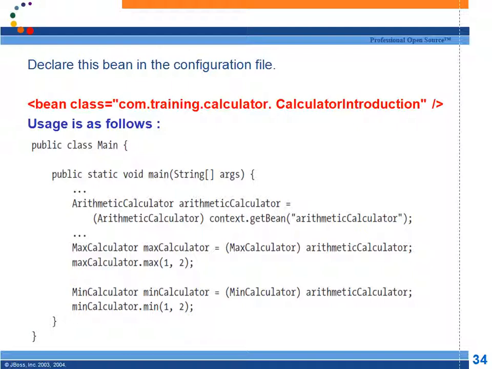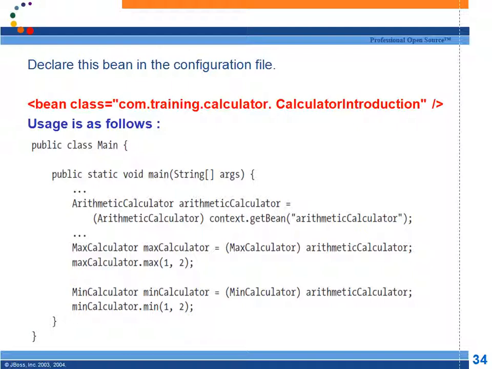Guess how it might be working internally? Between, a proxy which might implement both the interfaces. Yes. Whenever we ask for an arithmetic calculator, we are not getting actually arithmetic calculator. We are getting a proxy to arithmetic calculator. That proxy is implementing three interfaces: arithmetic calculator interface, min calculator interface, max calculator interface.